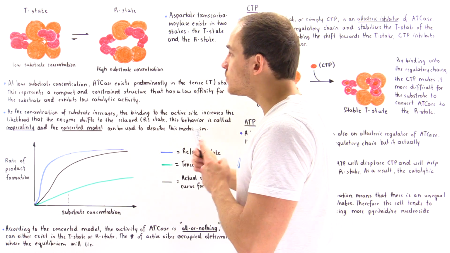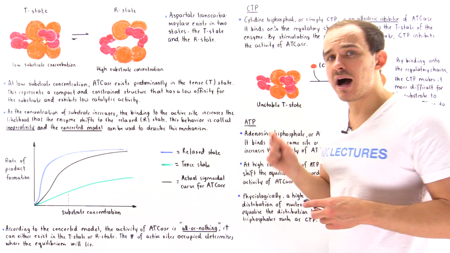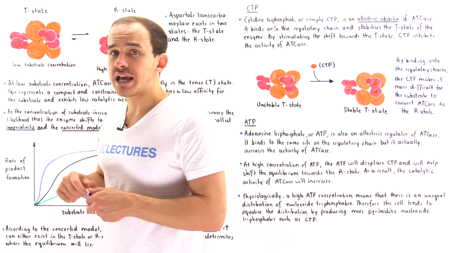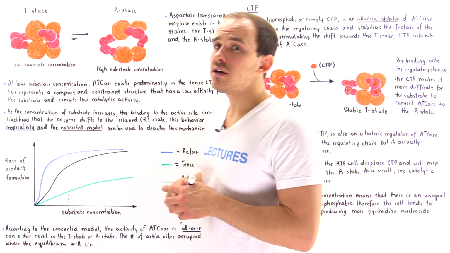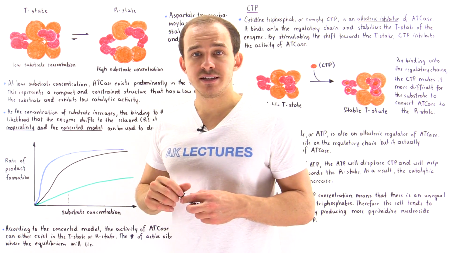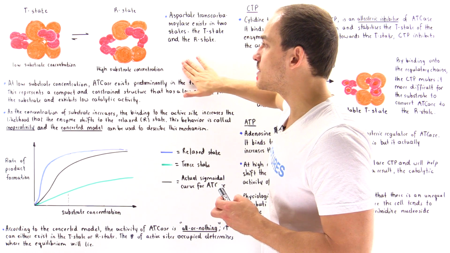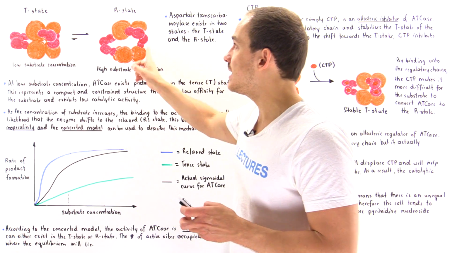And in this structure, the active sites have a high affinity for the substrate molecule, and so what that means is the rate of activity of this enzyme when the enzyme's quaternary structure is in the R state will be much higher compared to the T state.